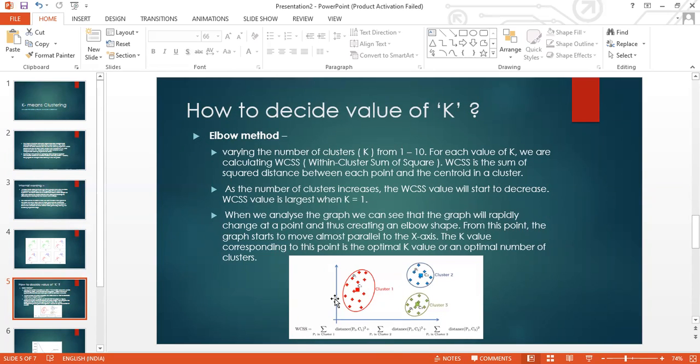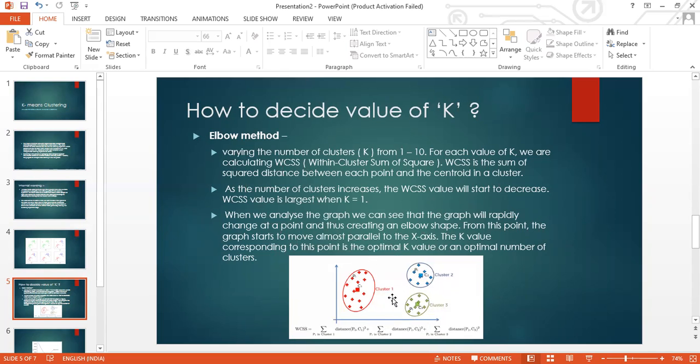Okay, so obviously we will be able to know that when the value of k, or the number of clusters, is increasing, the value of WCSS will be decreasing. When there was a bigger cluster, the distance was larger.